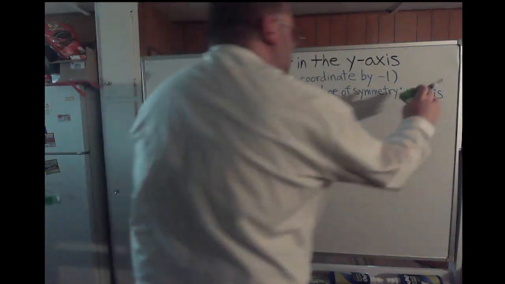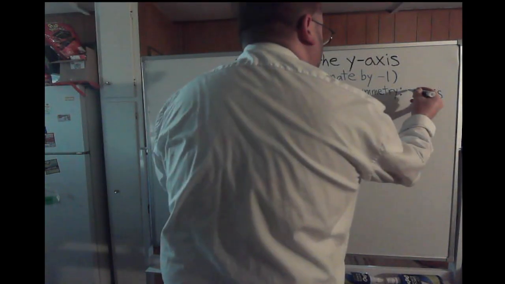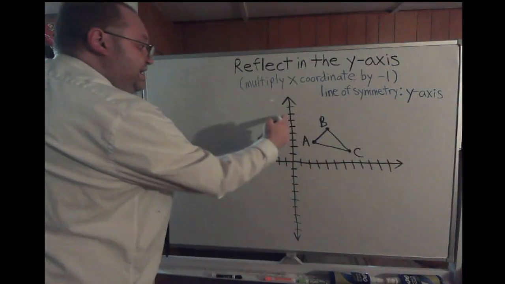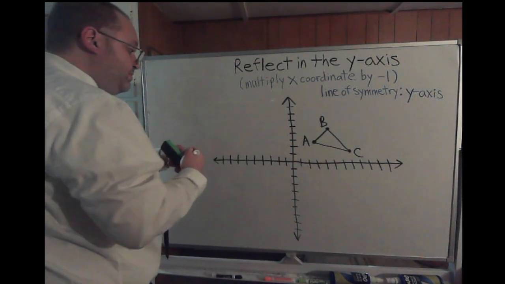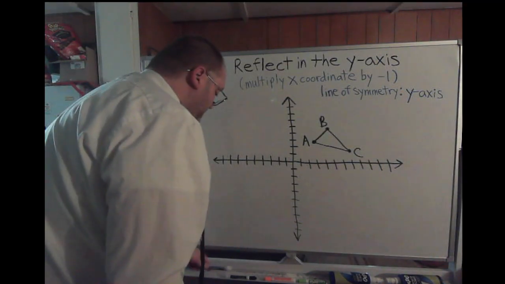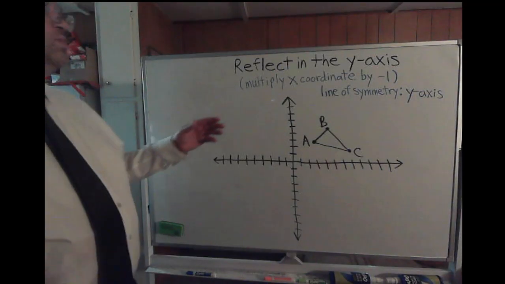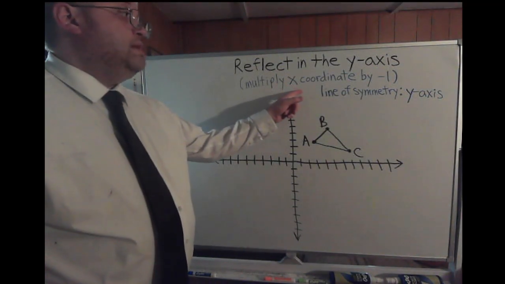So the line of symmetry, when you reflect in the y-axis going up and down, that is your line of symmetry. Again, when you reflect across the y-axis, leave your y-coordinate alone, multiply the x-coordinate by -1.